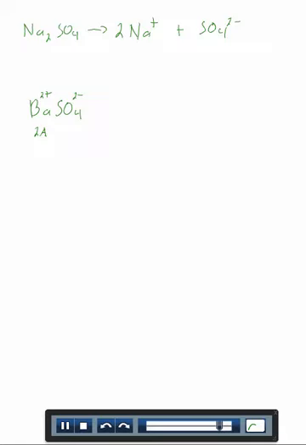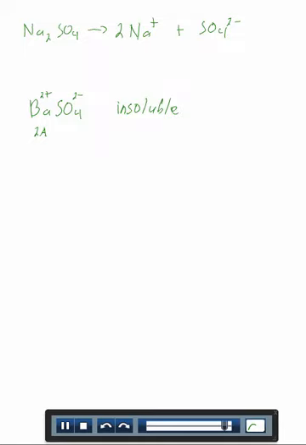So, will it dissolve in water? Well, we look in the solubility rules table, and we see that sulfate is soluble except when paired with barium 2+, lead 2+, silver, or calcium 2+, or strontium 2+. So this would be insoluble in water.